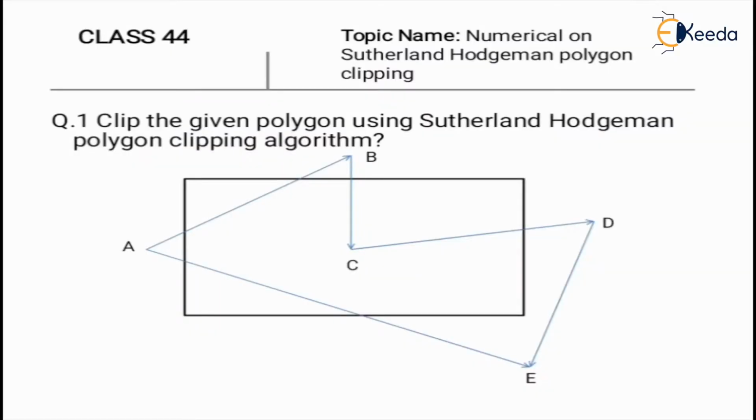In the first question we want to clip polygon A, B, C, D, E against the clipping window by using the Sutherland-Hodgman polygon algorithm.